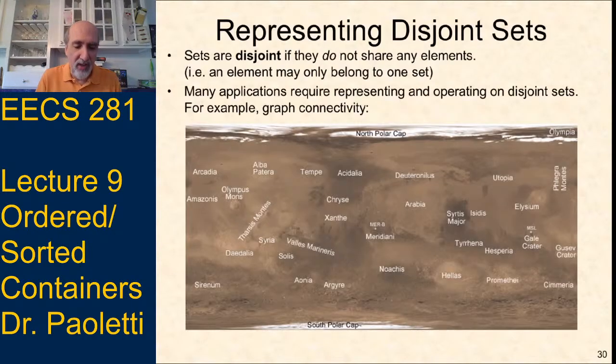Okay, representing sets and union find. The idea here is I want to represent disjoint sets, and the example is, let's say we're producing little bases on Mars, and we're connecting them with an outdoor electric train. You still have to wear your spacesuit, but you can get from here to there faster than walking.